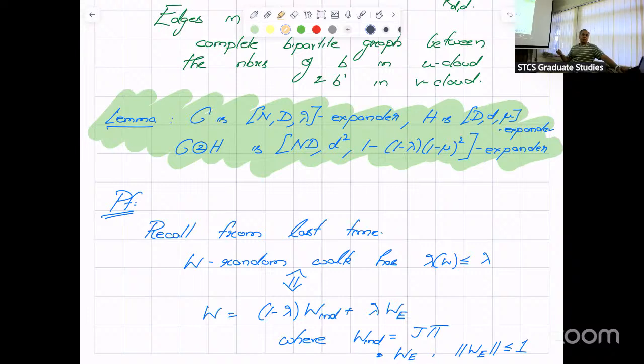Omer used the zigzag construction to prove that SL is in L. Basically, he gave a log space algorithm. Some of you might be doing space in your complexity course. He gave a log space algorithm to traverse an undirected graph. The usual way of traversing a directed graph is non-deterministic log space. If it's undirected, we didn't know of any better.